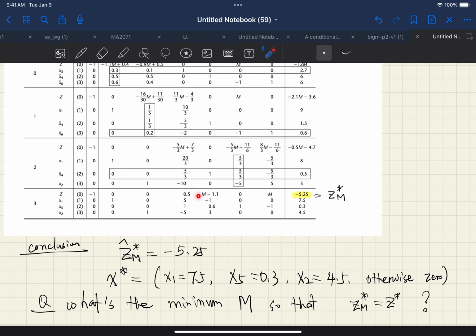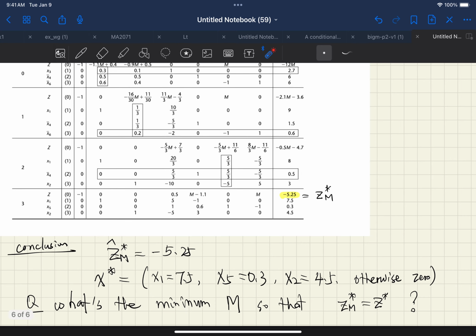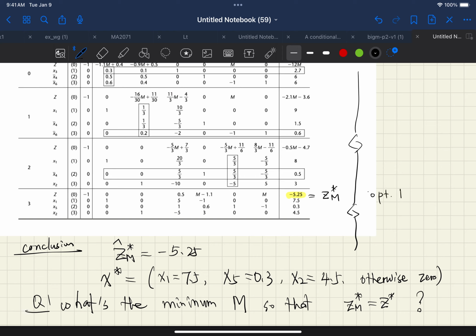As long as M minus 1.1 is greater than or equal to 0, so M is greater than or equal to 1.1.